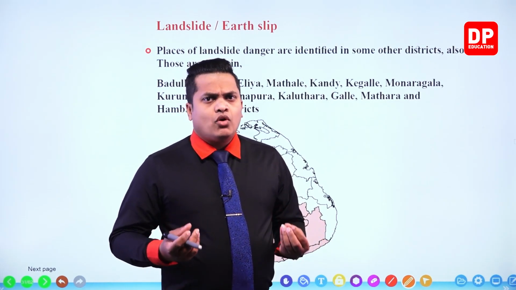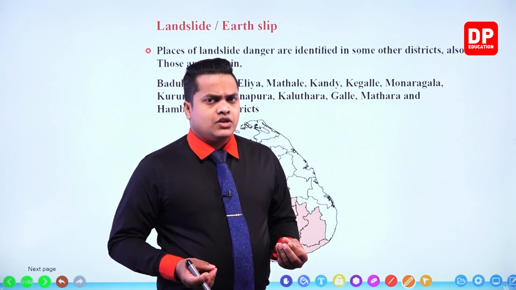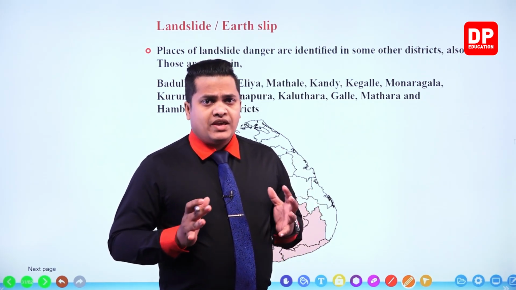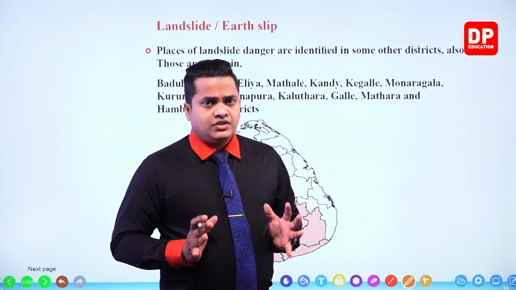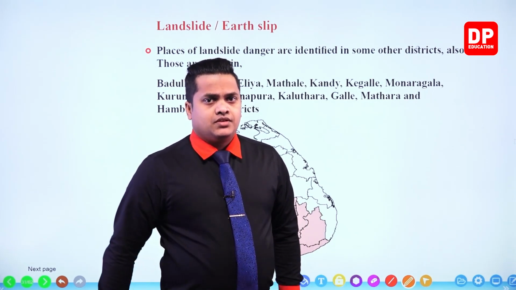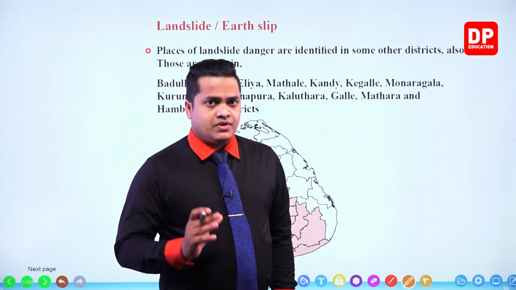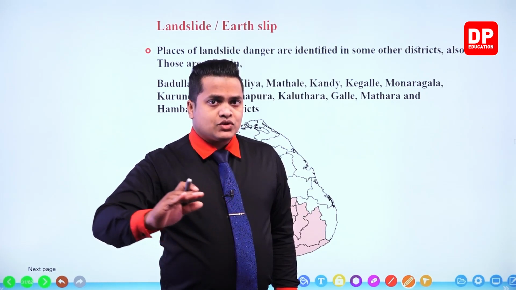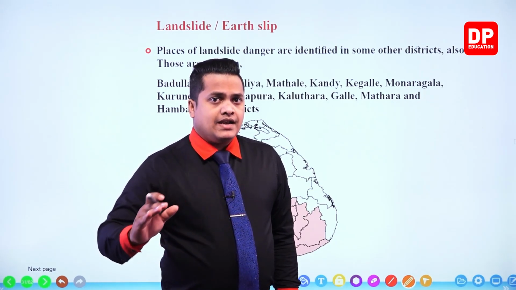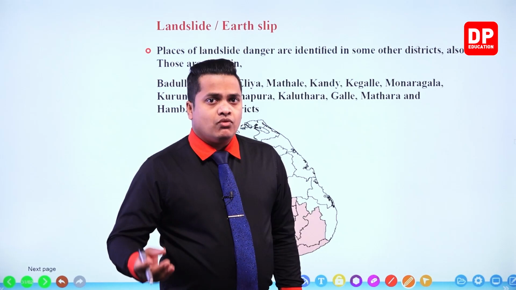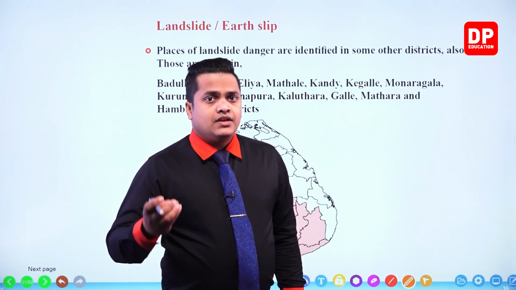Now, for a landslide to occur, my dear children, there should be heavy rainfall. Heavy rainfall is a must, because that particular soil layer or land area comes down with the water and the mud.